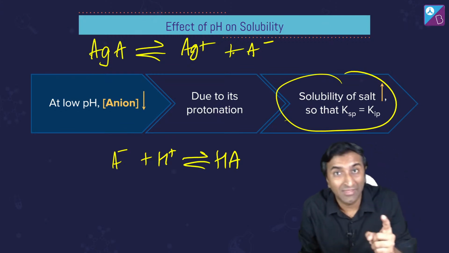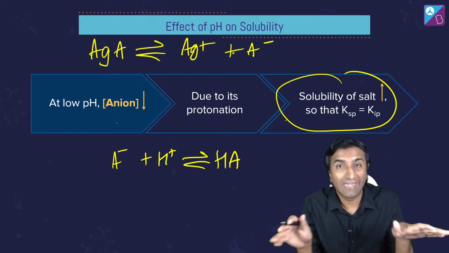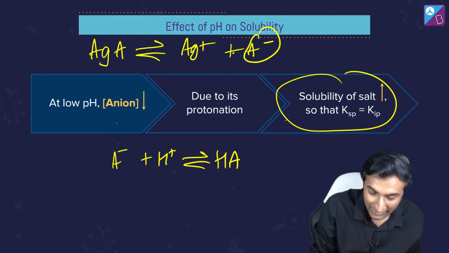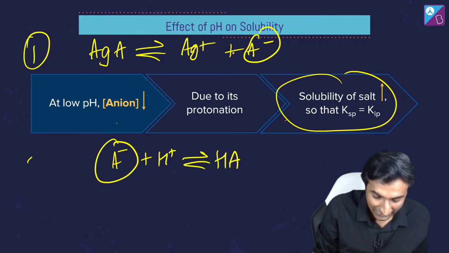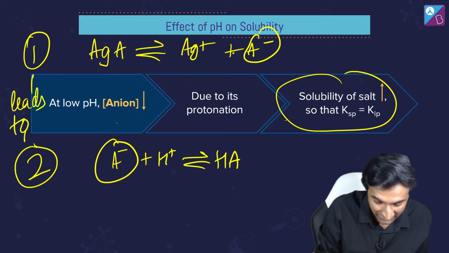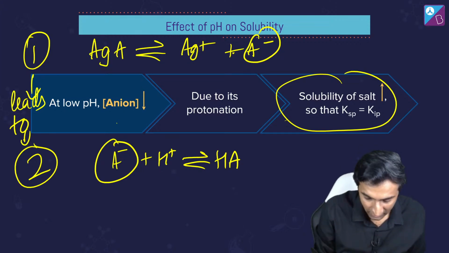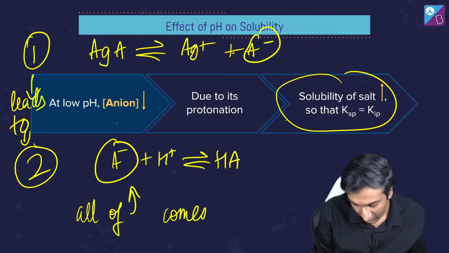I am adding something that removes this ion from solution. So don't get played by this expression where it looks like both ions are common. No, this leads to this. Which means all the A minus that reacts comes from here.